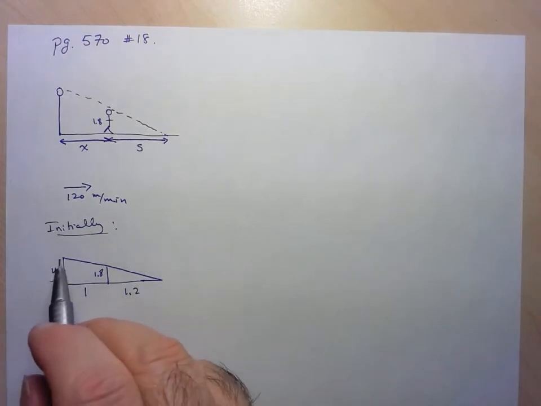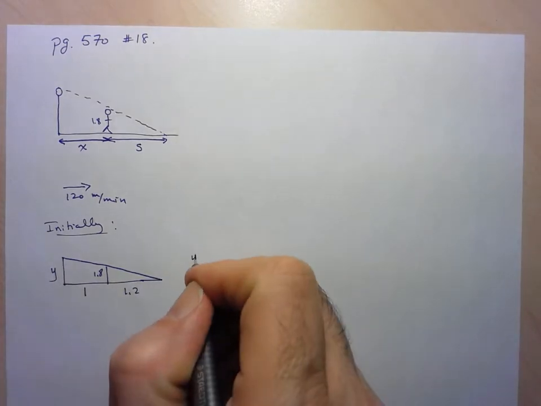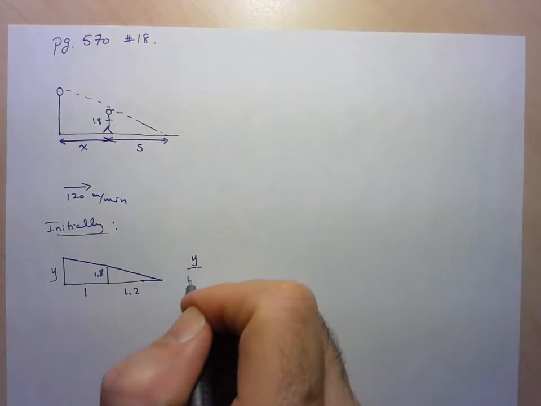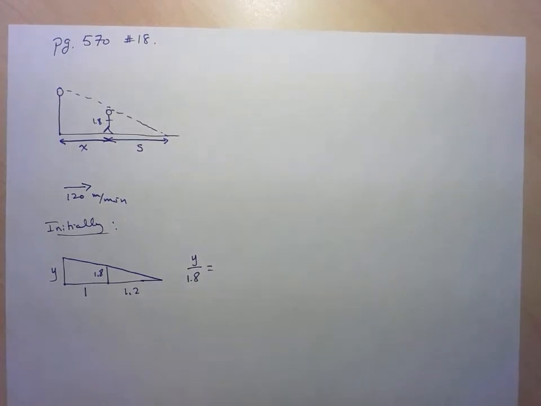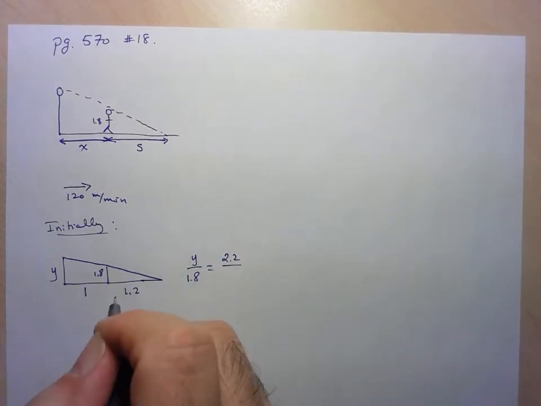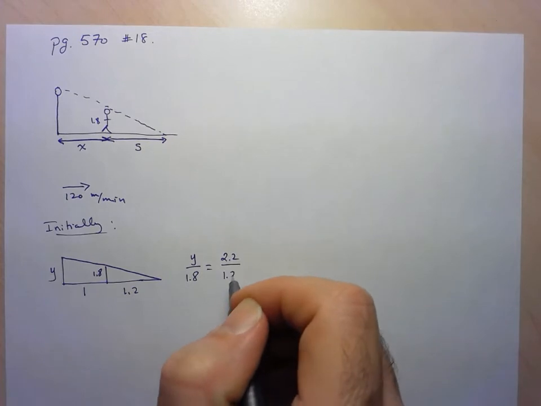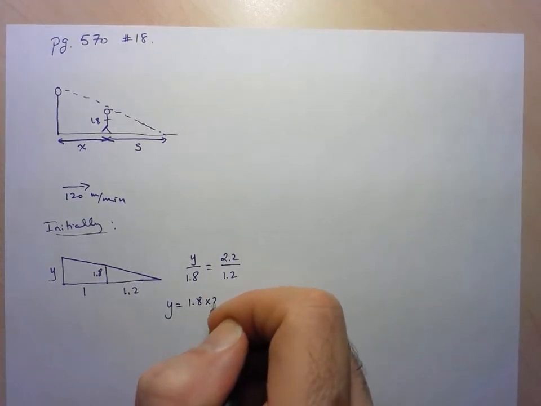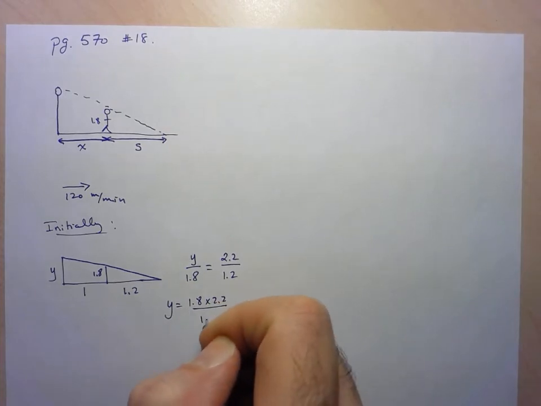If I take this side y over its corresponding side on the smaller triangle, which is 1.8, that's going to be equal to the ratio of the bases. The base on the larger triangle is 1 plus 1.2, so 2.2, over its corresponding side, which is 1.2. And so y is equal to 1.8 times 2.2 divided by 1.2.